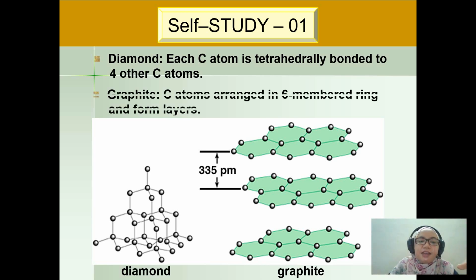And then however graphite, carbon atoms are arranged in 6-membered rings and form layers. So diamond forms like a tetrahedral. So it can form what? Hexagon, like diamond is like that. But graphite is flat. It has 6-membered rings, it forms layers. Okay, between layers there are van der Waals forces. Okay.